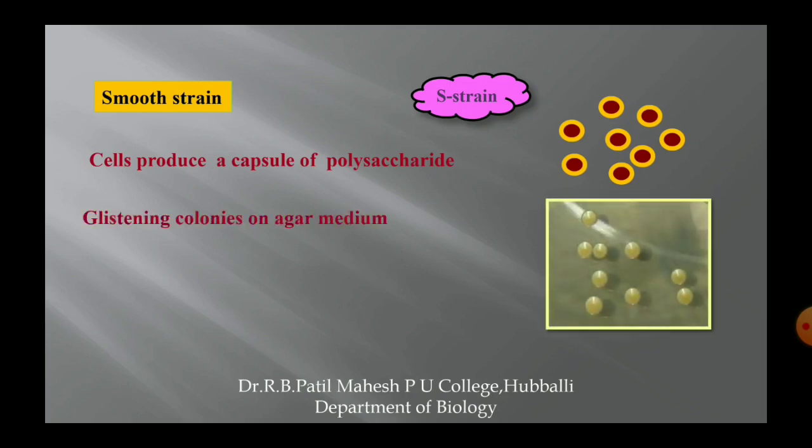When these cells are cultured in the culture media, you find glistening colonies on agar medium, and these smooth varieties are virulent or pathogenic, which are responsible for causing pneumonia.